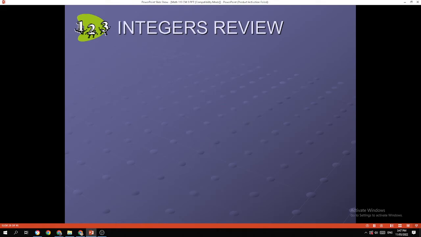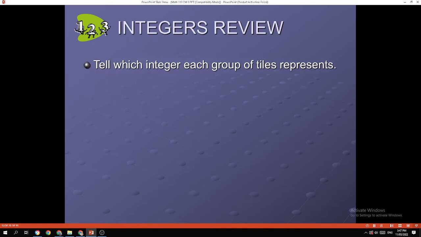Okay, next. Here's an activity that I would like you to identify. Let's tell which integer each group of tiles represents. Okay, let's begin with this one. What integer is represented there?